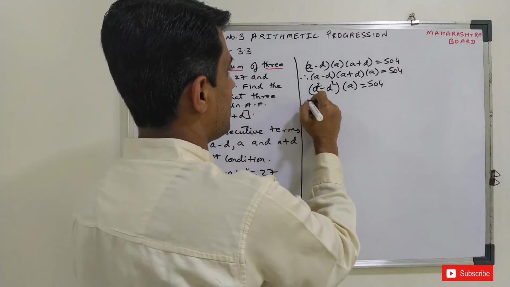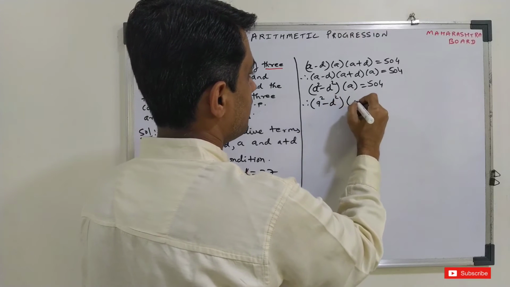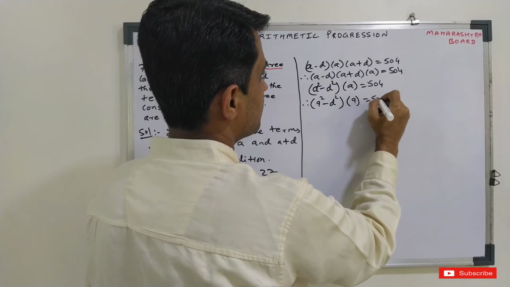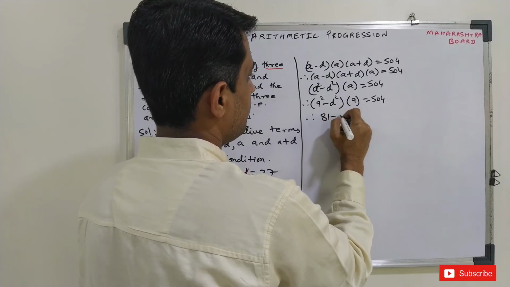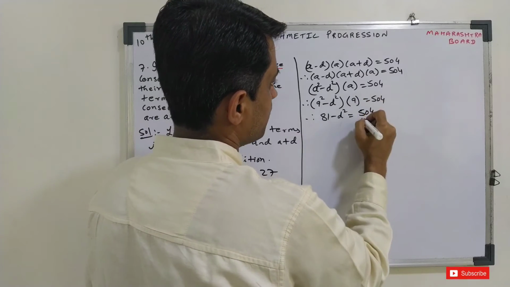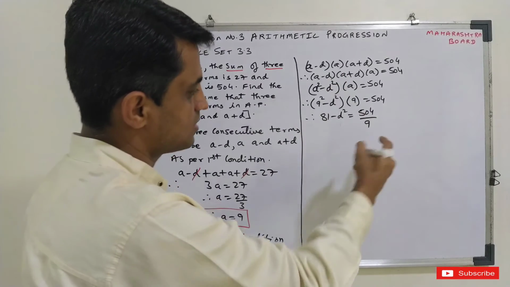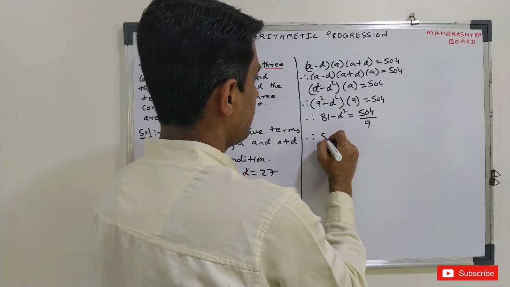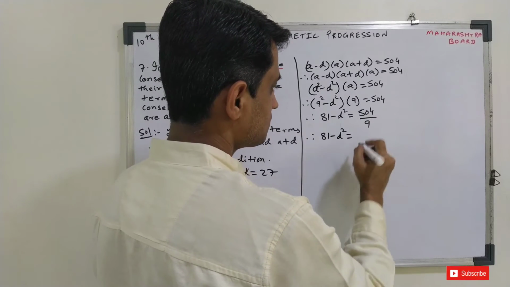So let us put the value: 9 square minus D square into 9 is 504. 9 nines are 81 minus D square. Transpose the 9 down, it becomes divide because it is in multiplication. So what we will get here? 81 minus D square is equal to 504 divided by 9.